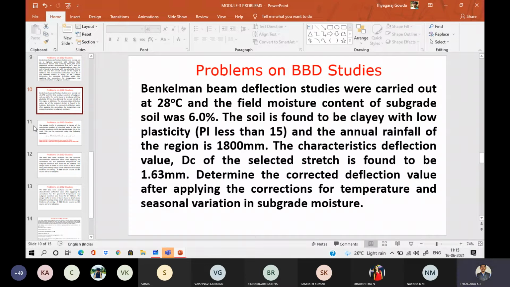First calculate the temperature correction. Okay, I will show how to calculate the moisture correction. I will display the chart. You can only work out the problem.